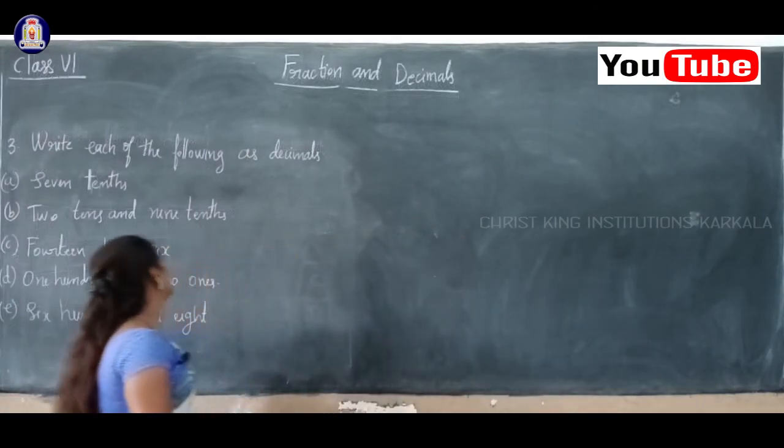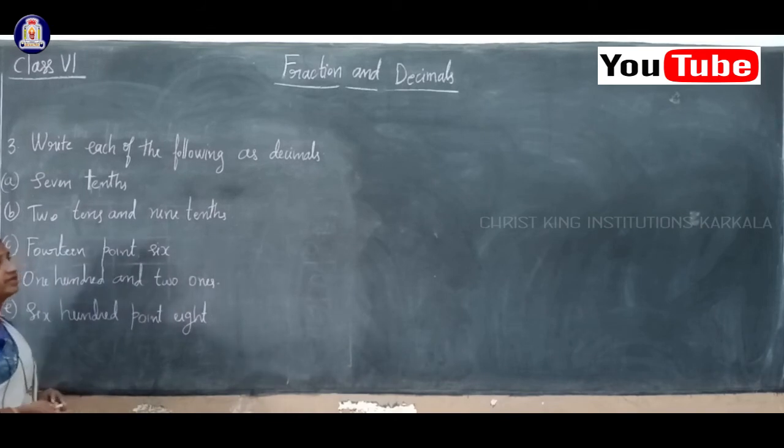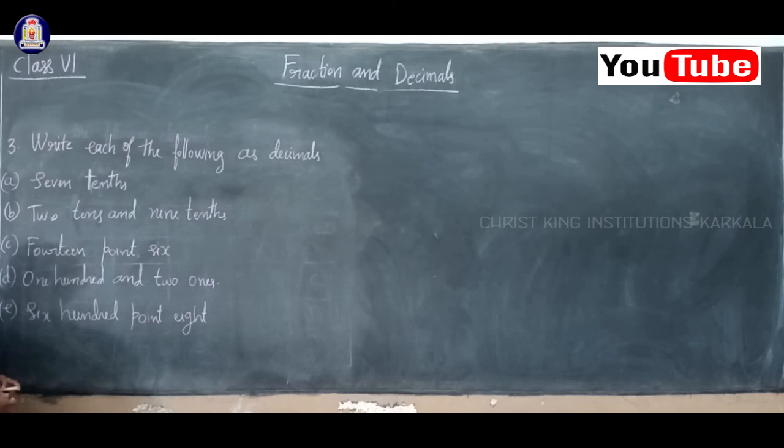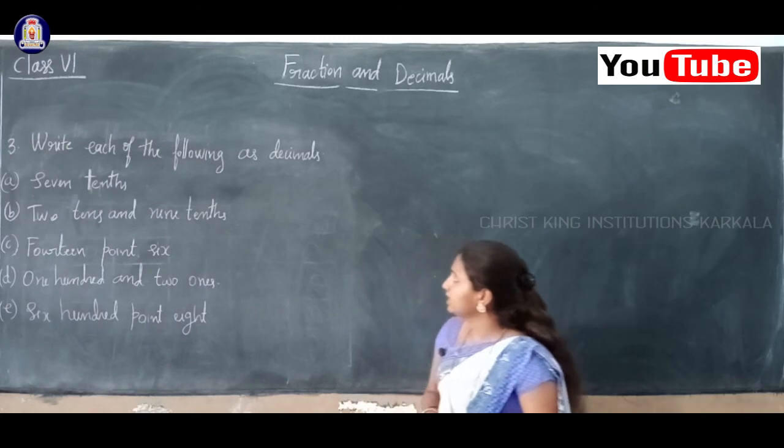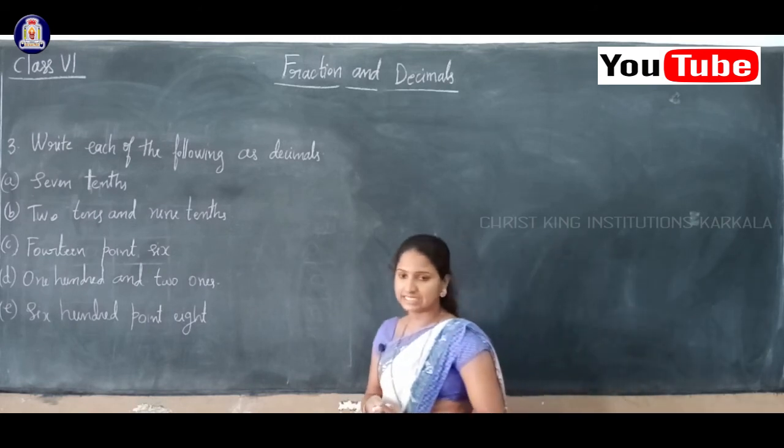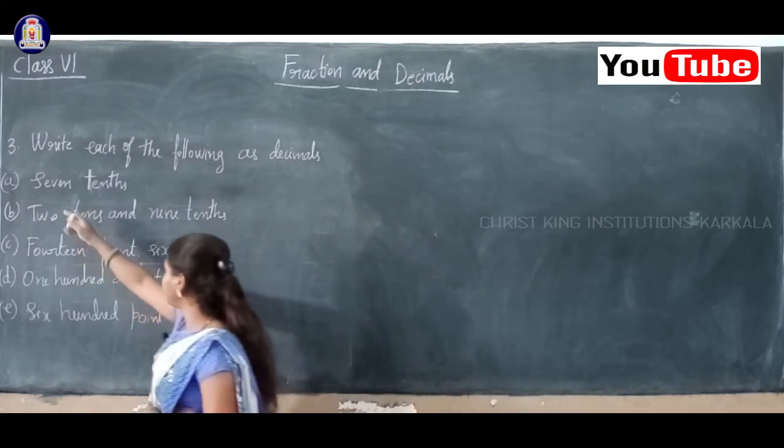Write each of the following as decimals. First one, 7 tenths; second, 2 tens and 9 tenths; third, 14.6; the fourth one, 102 ones; and the last one, 600.8. Now we have to write each of these as a decimal. First, 7 tenths.